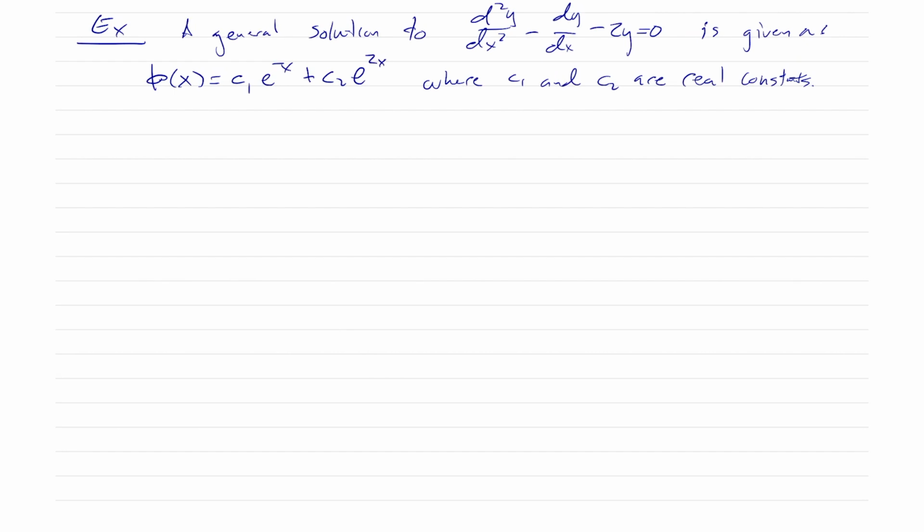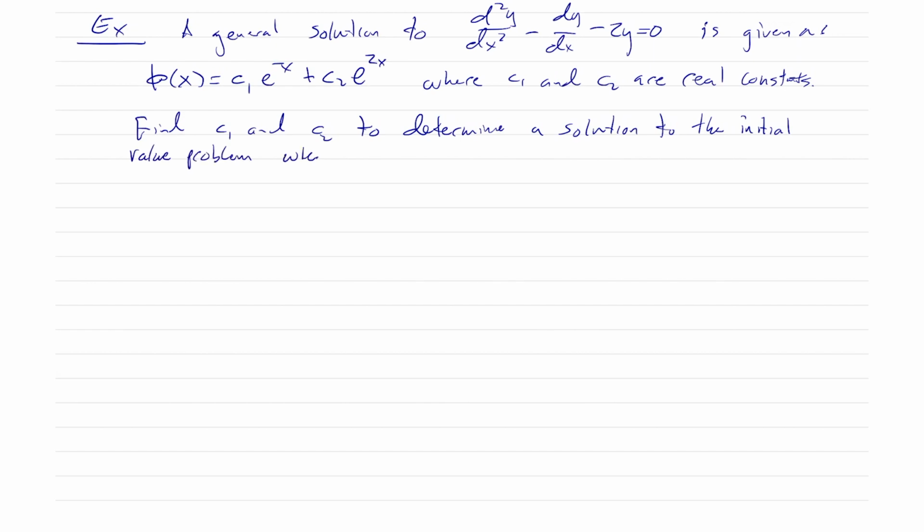And so what we want to do is find c1 and c2 to determine a solution to the initial value problem with the initial values y of 0 equal to 2, and dy dx at 0 equal to minus 3.